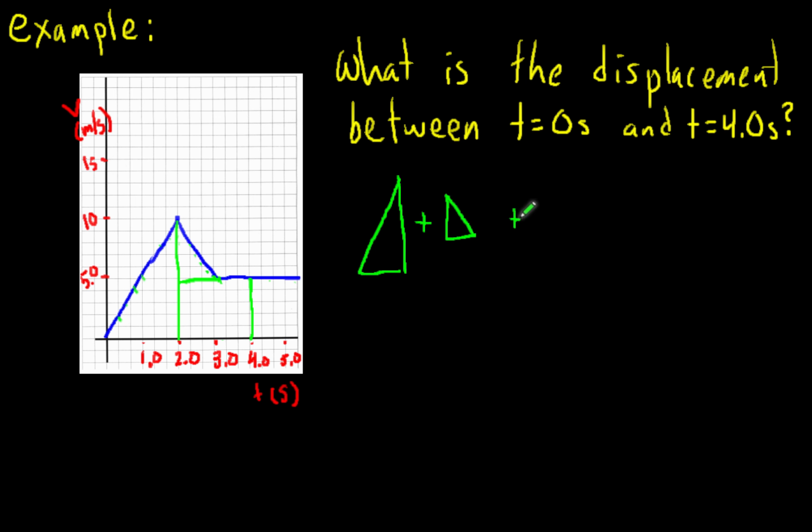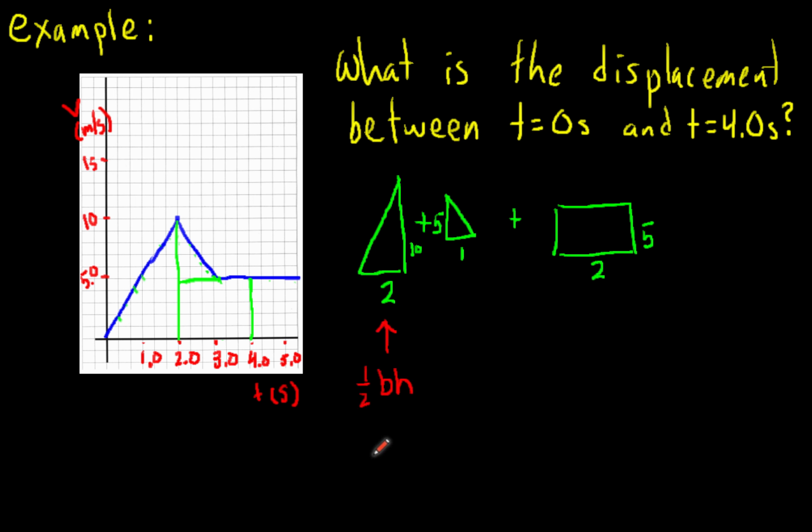The total displacement will be the sum of the areas of these two triangles plus the area of the rectangle. The first triangle has a base of 2 and a height of 10. The second triangle has a base of 1 and a height of 5, and this rectangle has a length of 2 and a width of 5.